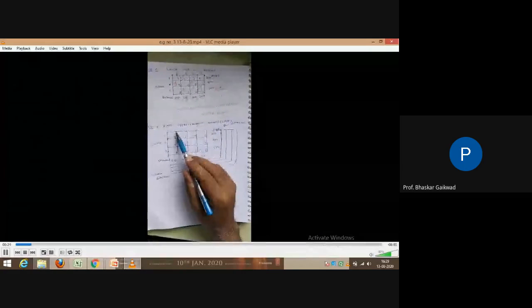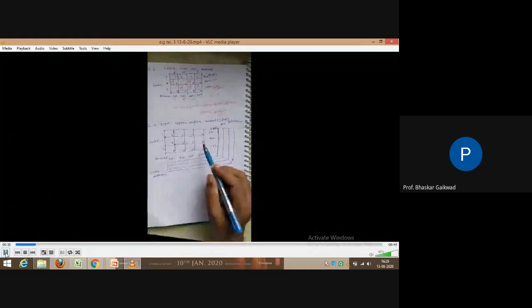In this problem, as usual, these are the sources, and here the targets or places where we want to supply the material. Supply is this side, demand is this side.